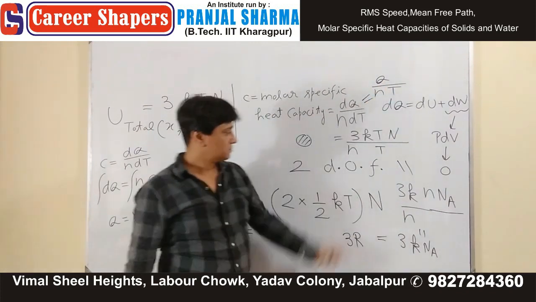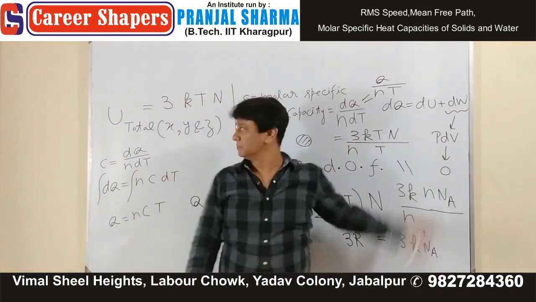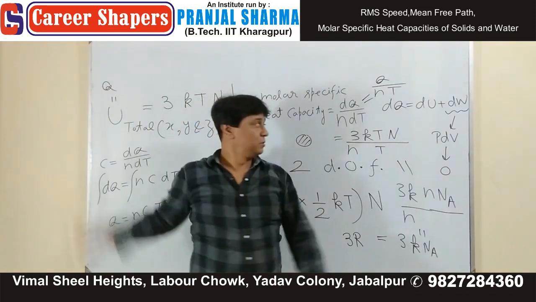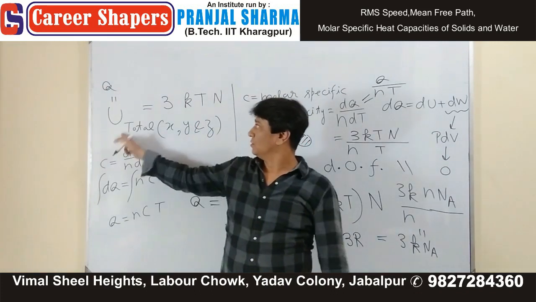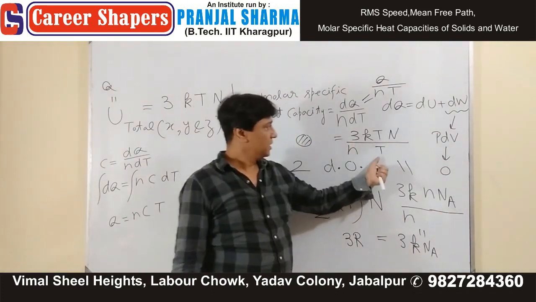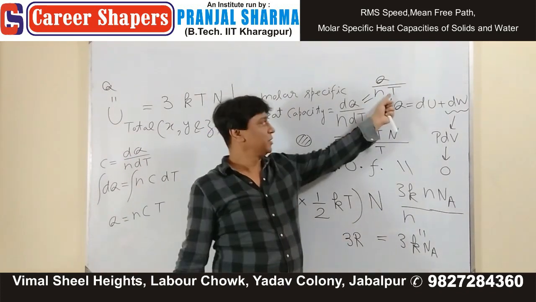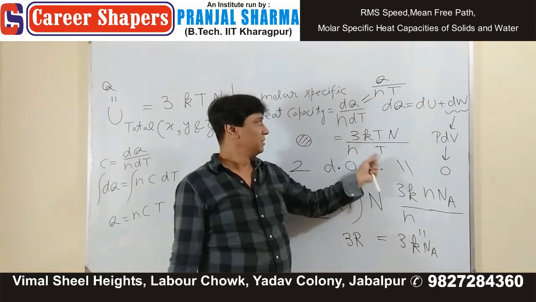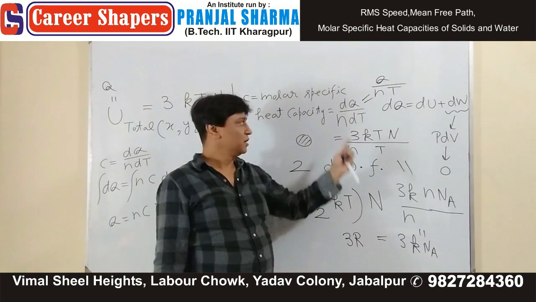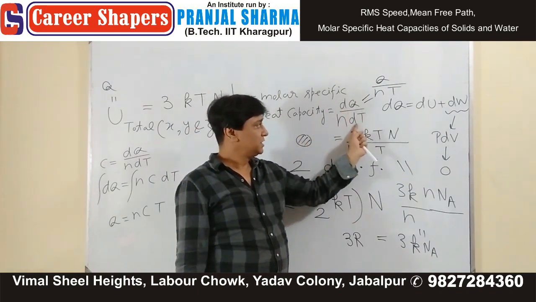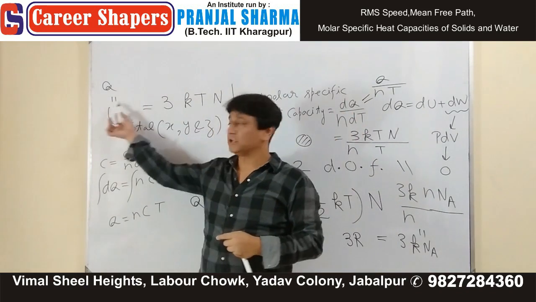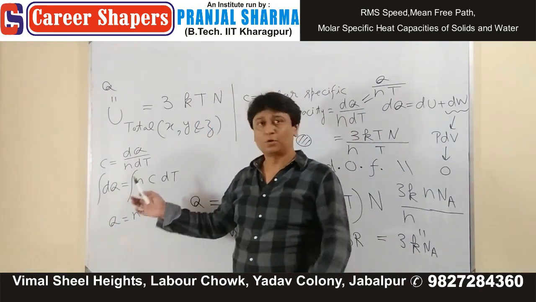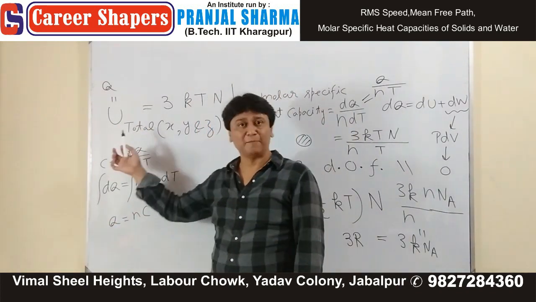This q is coming 3kTN. U is q because there is no work, which is 3kTN, divided by dt, which upon integration is now T. So I hope this dt becoming T is clear. Many times people get confused. So this is dq, this is dt, and you're using dq as q, dt as T. I tried to save time but could not; ultimately I had to explain everything.